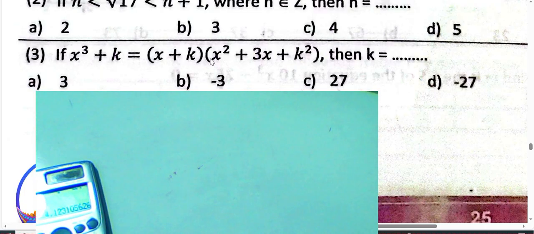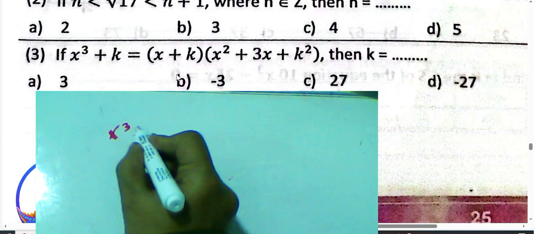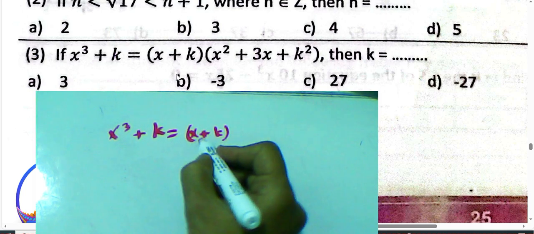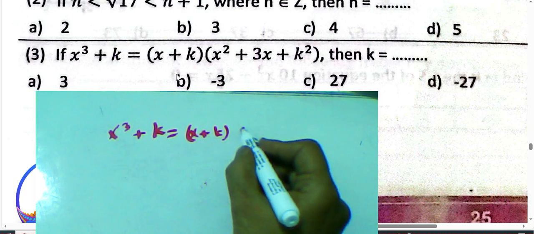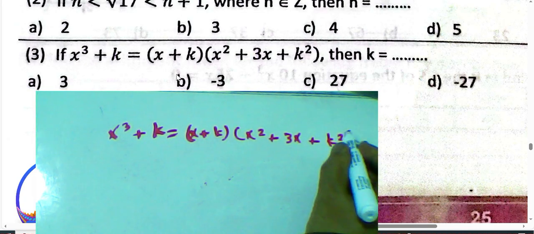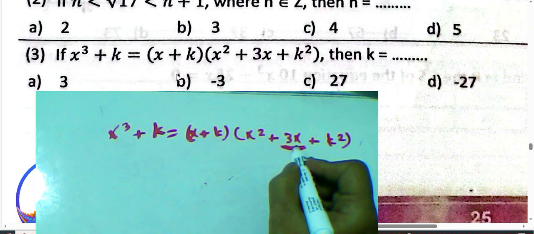Next question. x power 3 plus k equals (x plus k) product by (x power 2 plus 3x plus k power 2). What is the value of k? This expression we can factorize. Look at the middle term. 3x is equivalent to what?